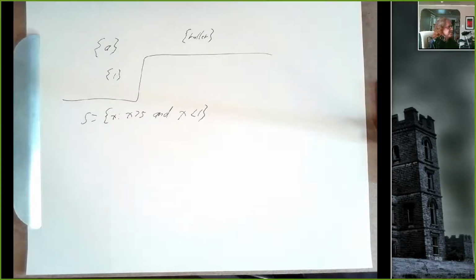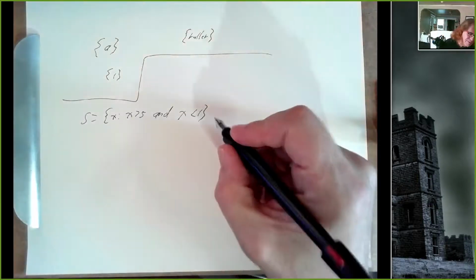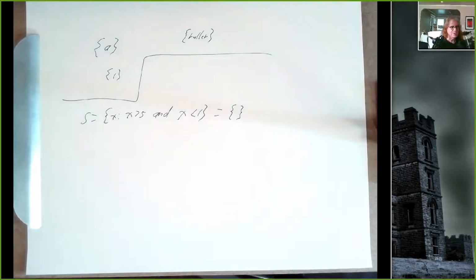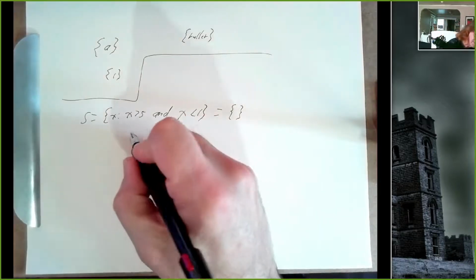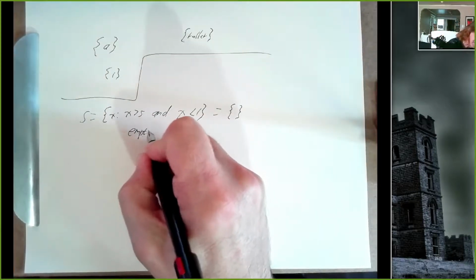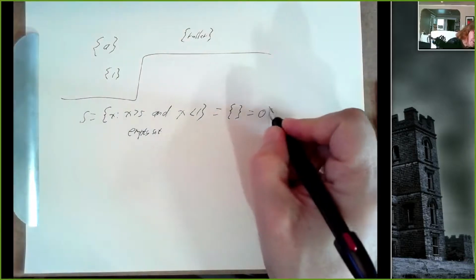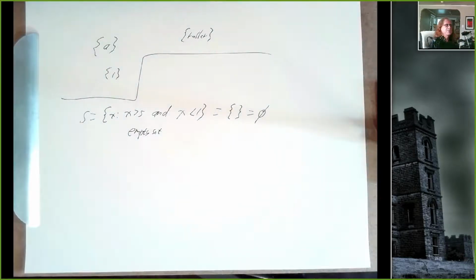Yeah, someone said nada. You can't think of a number that's bigger than 5 and less than 1, because if it's bigger than 5, it can't be less than 1 by definition. So if we were to list all the elements in this set, that's what it looks like. It's just nothing. So this is called the empty set. And we have a special symbol for it, which is a 0 with a slash through it.